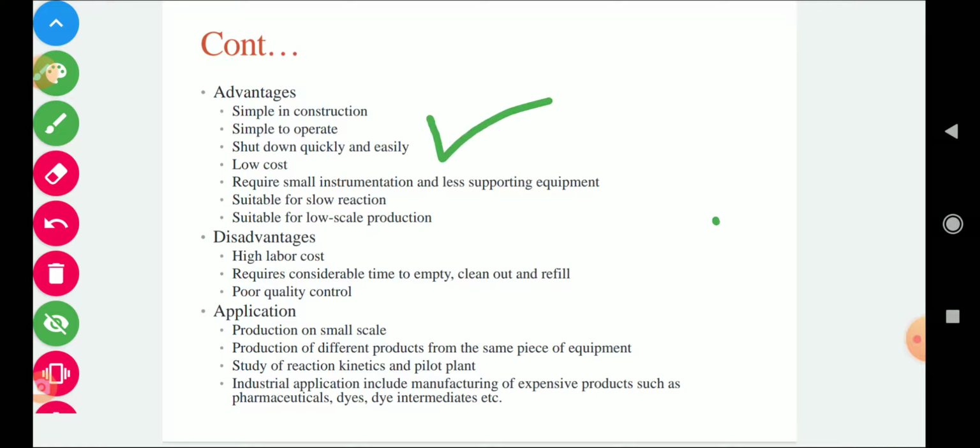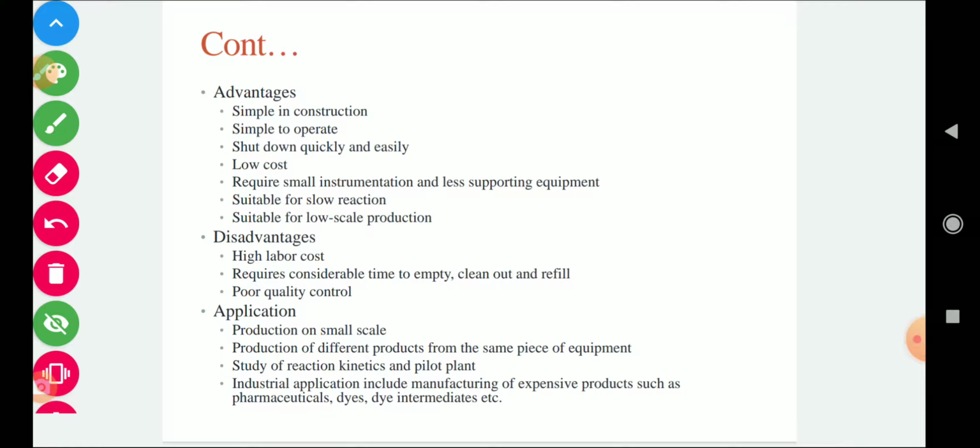So for continuous process the shutting down and starting a process is very challenging task as compared to batch reactor. Their cost is low, requires small instrumentation and less supporting equipment, suitable for slow reaction.